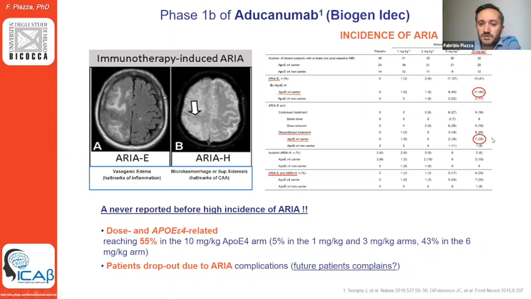And another important finding is that 35% of the patients who developed ARIA events also dropped out of the trial. This is an important consideration if the drug will be used in everyday clinical practice.